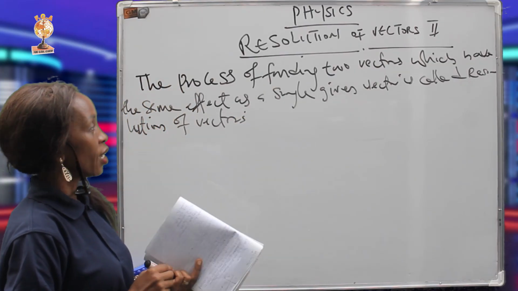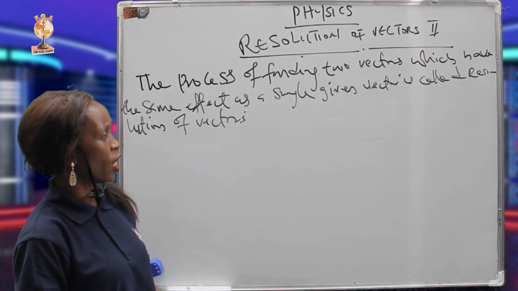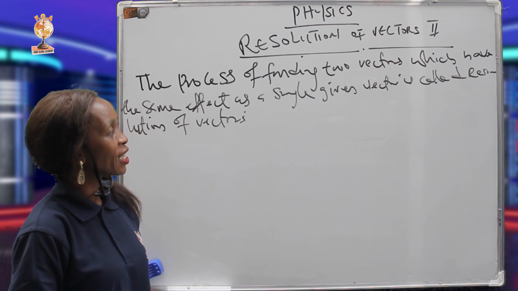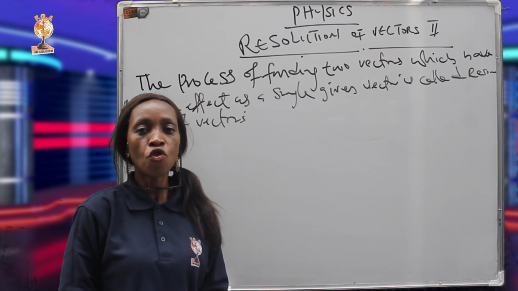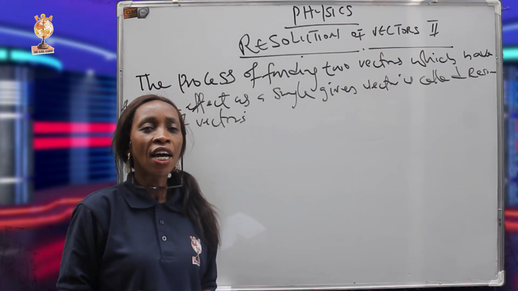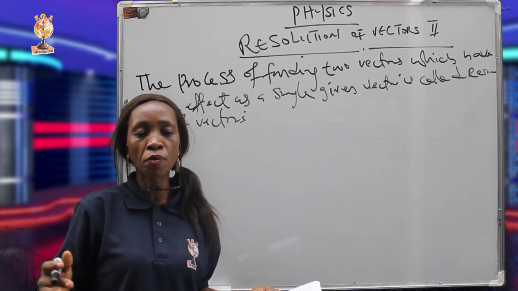Let's go over the definition once again. The process of finding two vectors which have the same effect as a single given vector is called vector resolution.